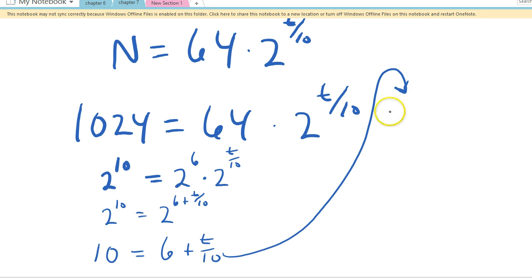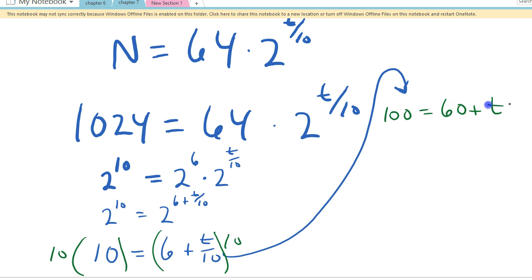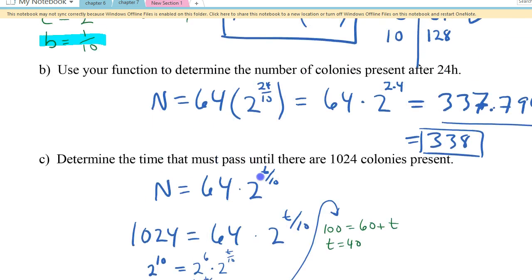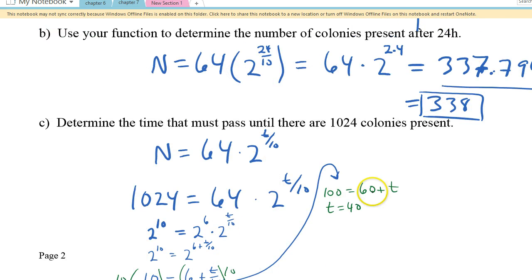So I will multiply both sides by 10. So when I multiply this side by 10 and this side by 10, I get 100 is equal to 60 plus t. I'll subtract 60 from each side and I get t is equal to 40. And what are my units for t? The time that must pass, and it's hours, so 40 hours.